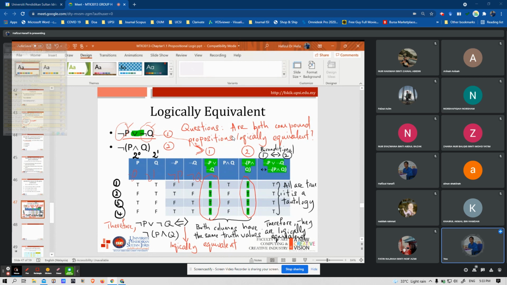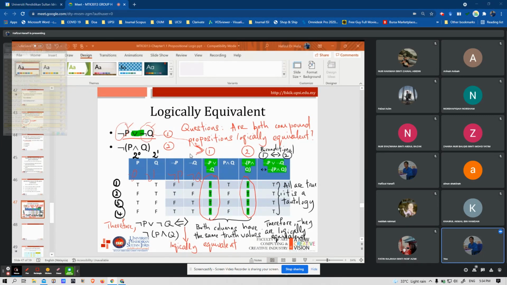Okay, false and false, true and true, true and true, true and true. Both columns have the same truth values. They are logically equivalent. The other name is we call it a tautology. Okay, what is tautology?